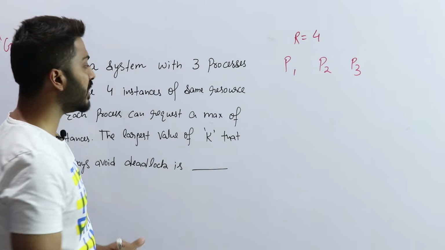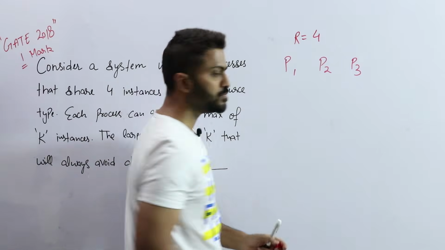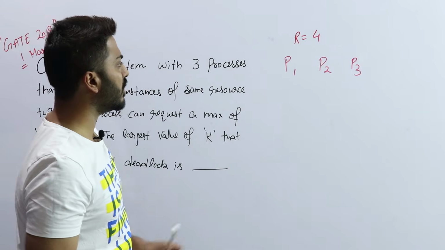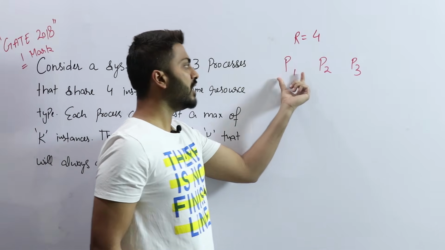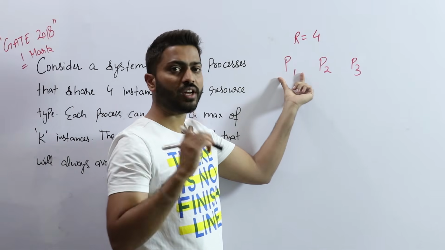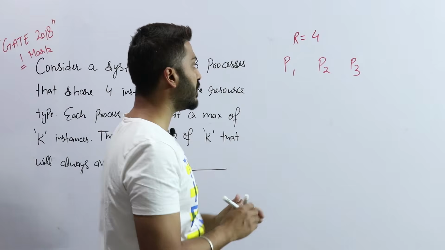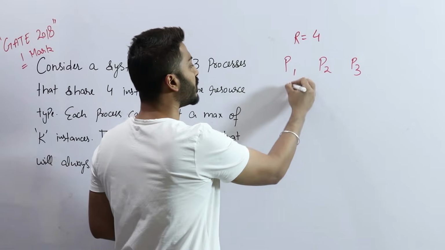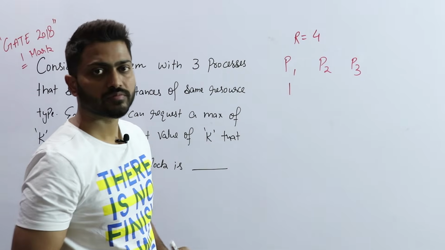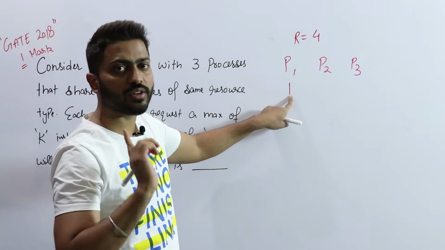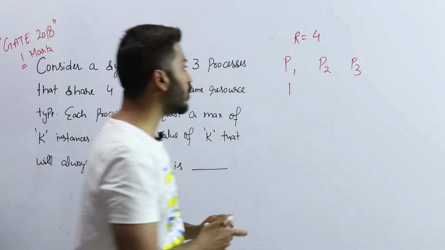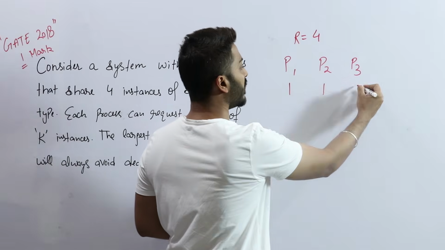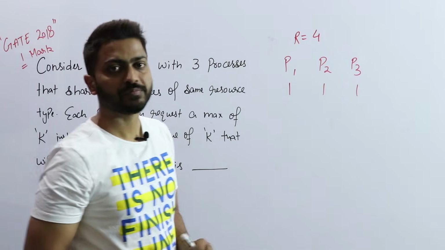Let's start with the normal case. If I say P1 needs only 1 unit of R to get execute, P2 also needs only 1 R, P3 also needs only 1.